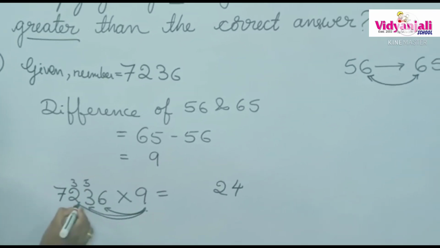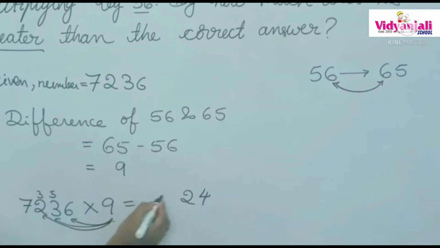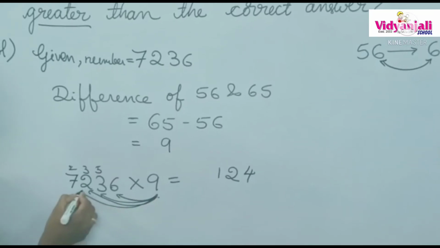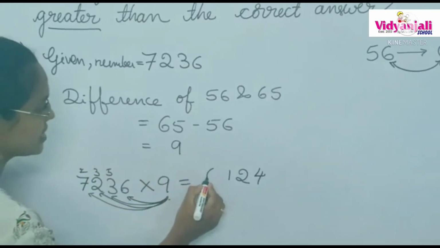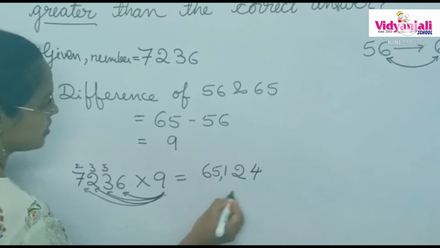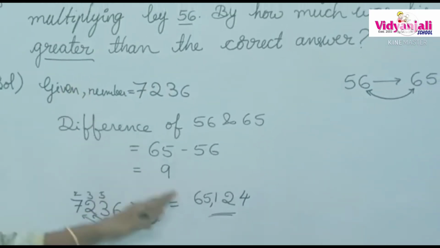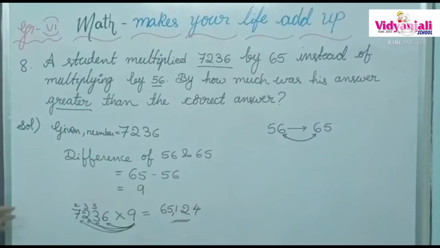Then 9 twos are 18, 18 plus 3 is 21, so 2 carry. 9 sevens are 63, 63 plus 2 is 65. So the answer we got is 65,124 greater. Is it clear?